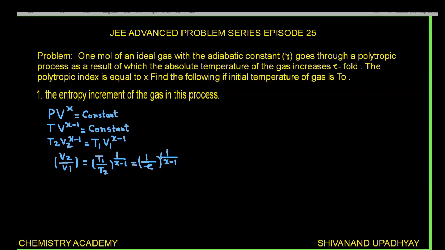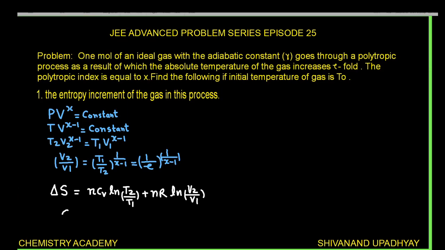Now we have already derived that if an ideal gas participates in any process, the change in entropy can be written in 3 ways. I'm writing the first way: entropy change is equal to nCv ln T2 upon T1 plus nR ln V2 upon V1. Now I put the value of V2 upon V1 in this equation.